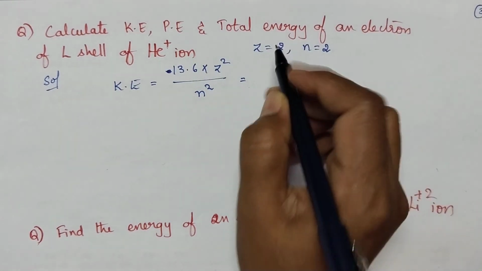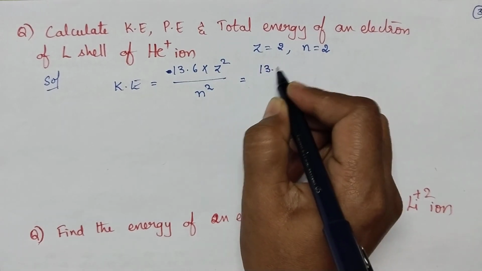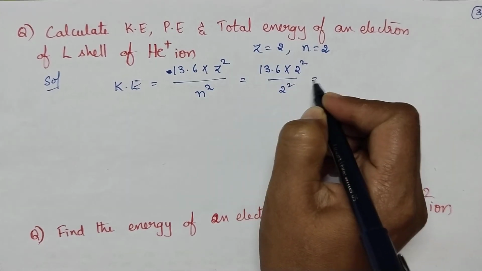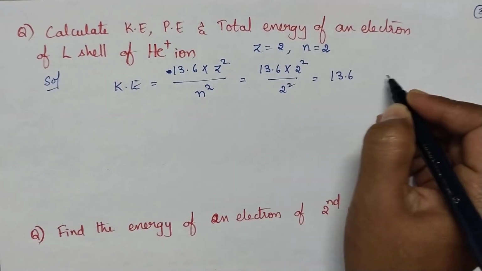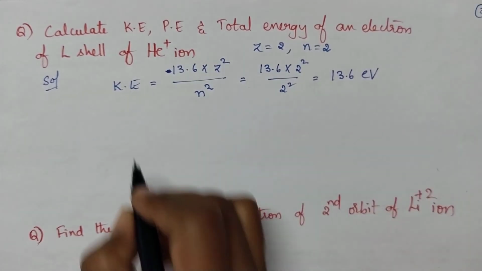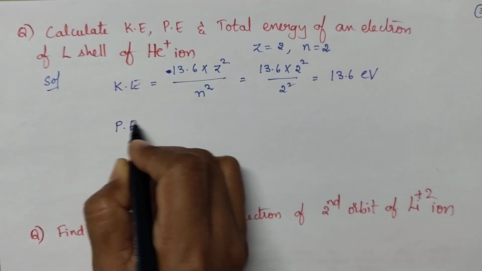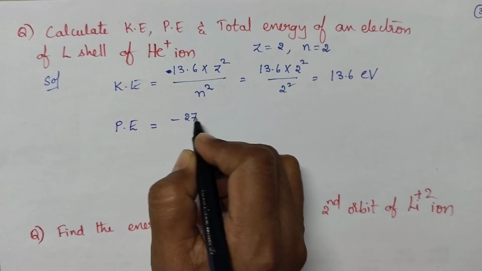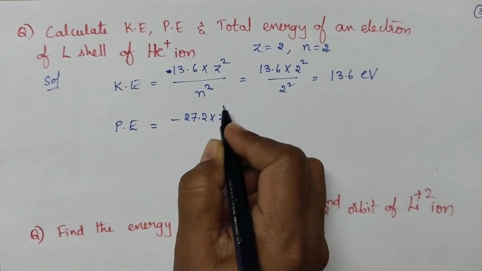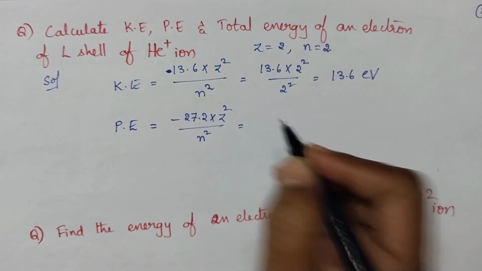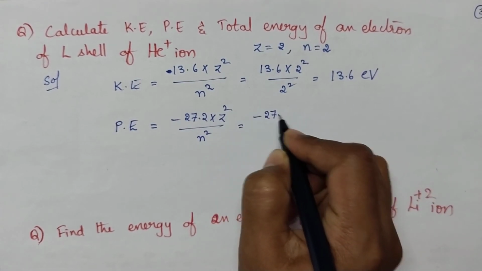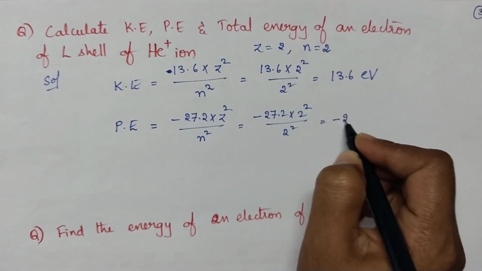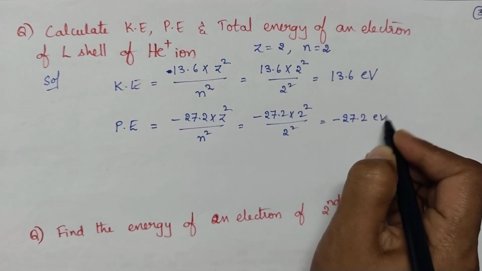Just substitute these values. Then it becomes 13.6 into 2 square by 2 square. So it is equal to 13.6 electron volts. Coming to the potential energy, it is equal to minus 27.2 into Z square by N square, that is minus 27.2 into 2 square by 2 square. So it is equal to minus 27.2 electron volts.